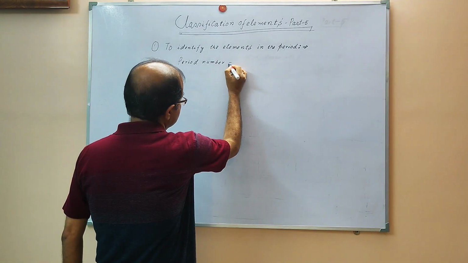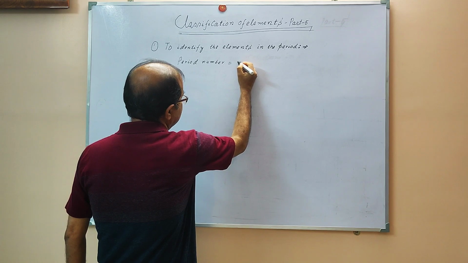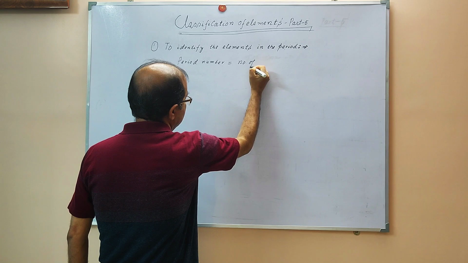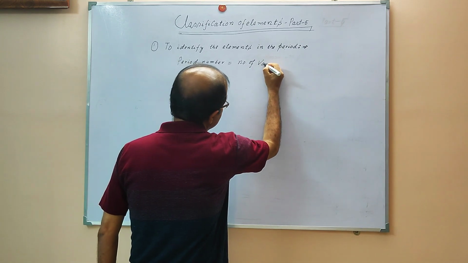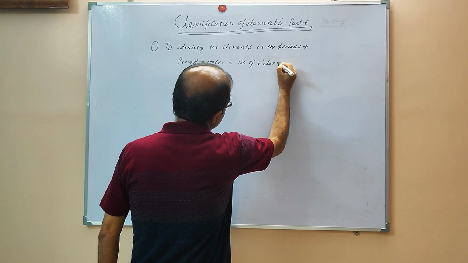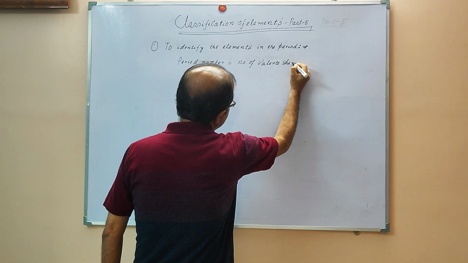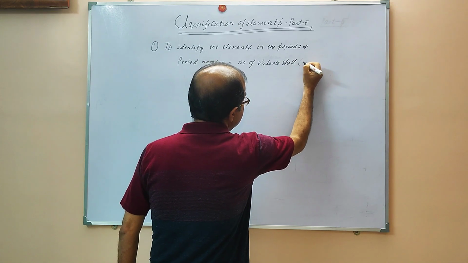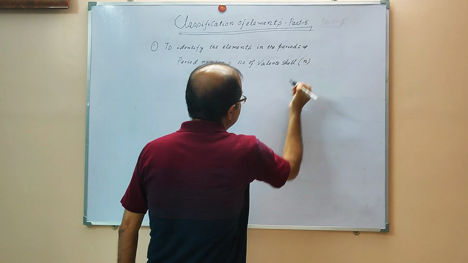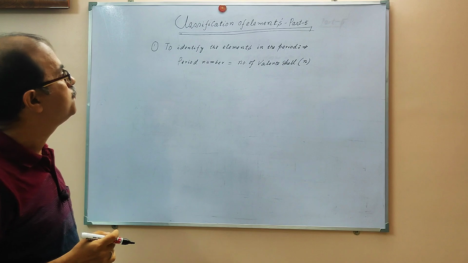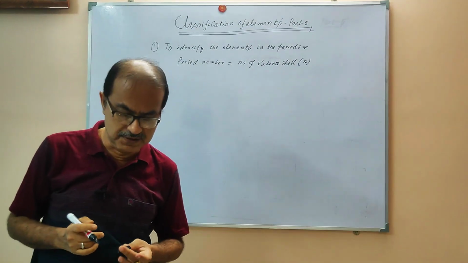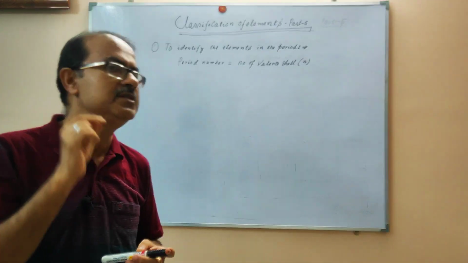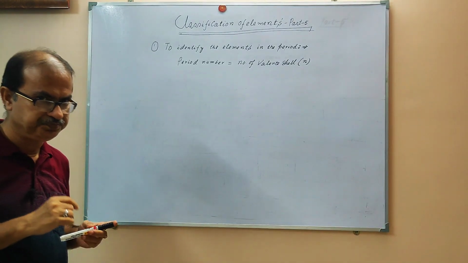This period number is equal to the number of the valence shell, that is, the principal quantum number n of the valence shell. If we know the quantum number of the valence shell of this element, we can say in which period this element will stand.